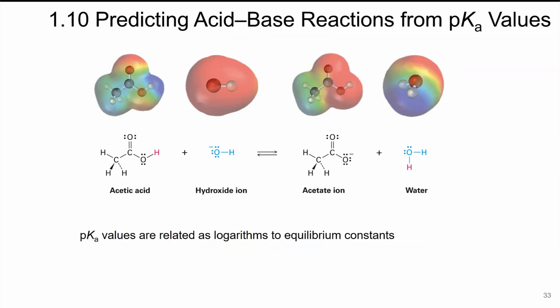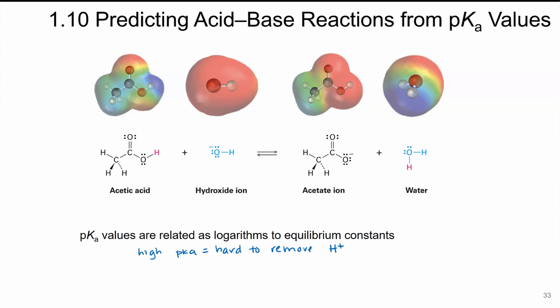We can use pKa values to predict how the reaction is going to proceed. If we have acetic acid with hydroxide ion, giving acetate ion plus water, we can use the pKa values, which are related to logarithms, to determine the equilibrium constant. So we can use this to determine whether or not a reaction will happen, and which side the equilibrium lies on. A higher pKa means it's harder to remove a proton, with the proton being H+.